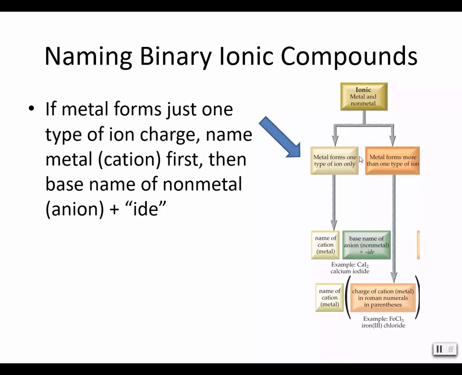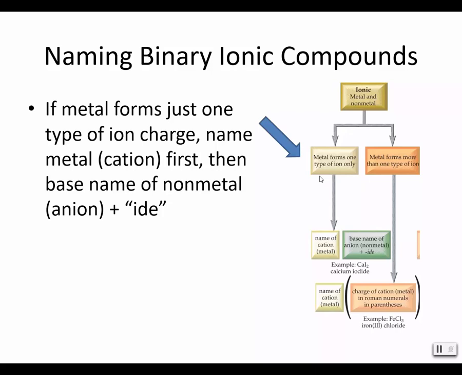The metals that fall into this category, the more than one type of ion, are generally transition metals, those that fall in the middle of the periodic table. Those have a star next to them in one of my previous PowerPoints. Okay. Well, we will talk about those shortly.